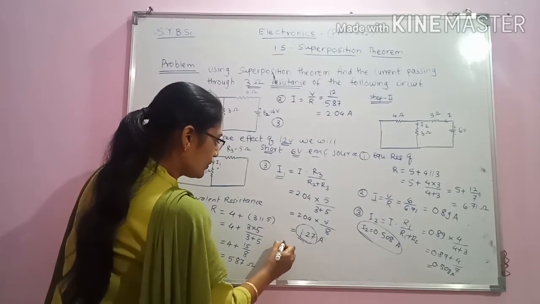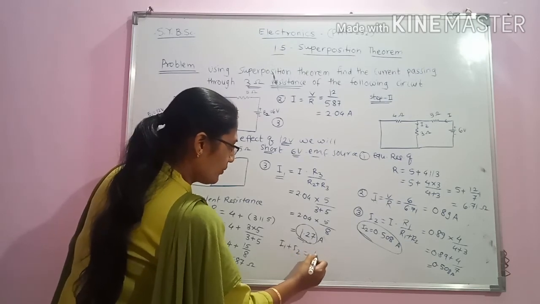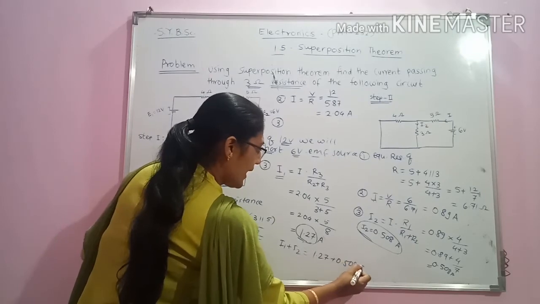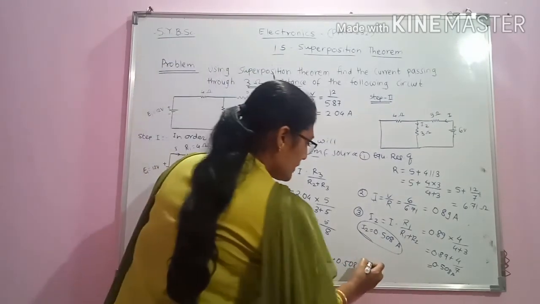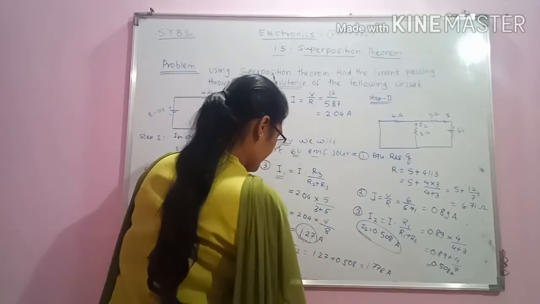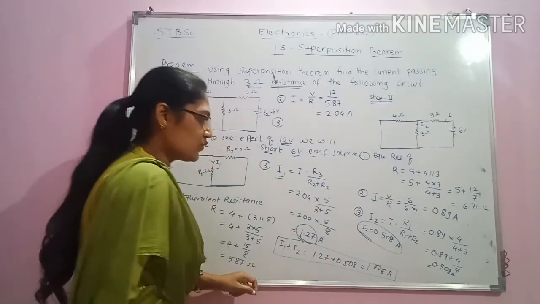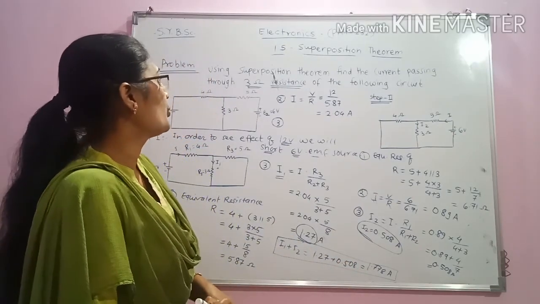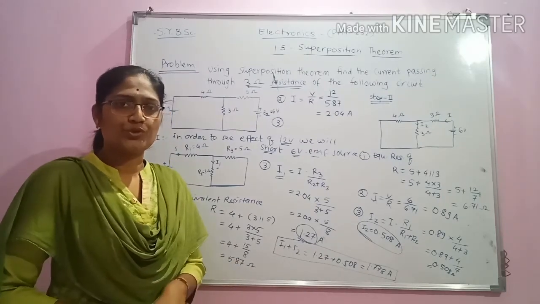So the total current will be I1 plus I2, equal to 1.27 plus 0.508, and its value comes out as 1.778 ampere. And this is our final answer. That is, 1.778 ampere current will flow through the 3 ohm resistance by using the superposition theorem.